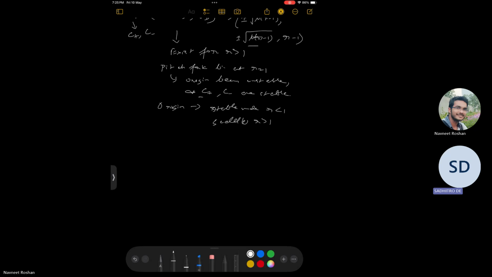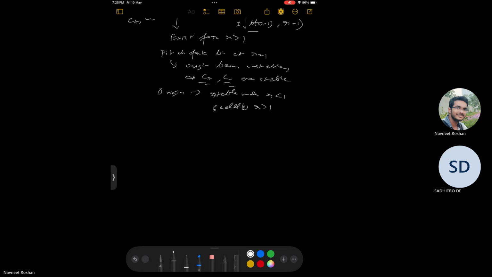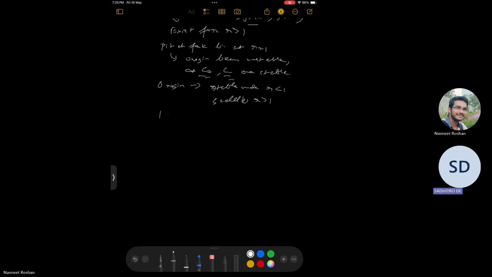And what about these new fixed points C plus and C minus? So you see that for 1 less than r less than some higher value r equal to rh, both C plus and C minus are stable.